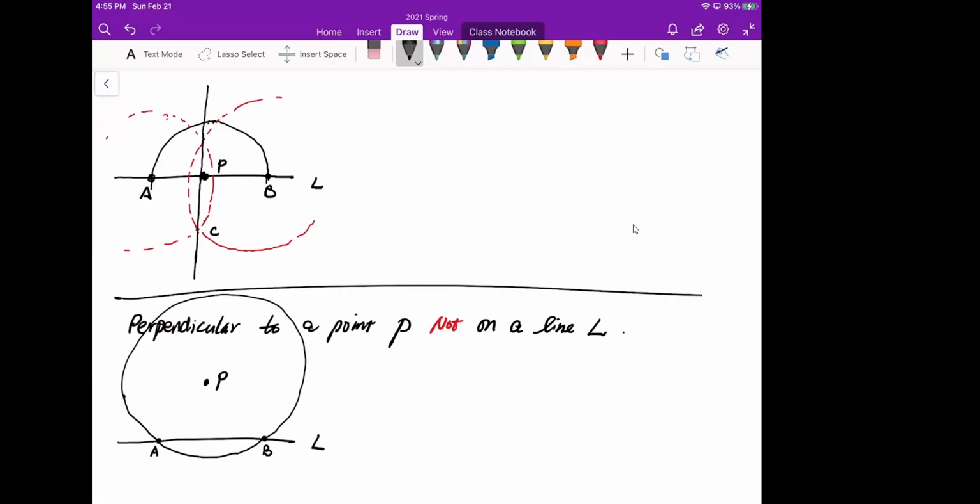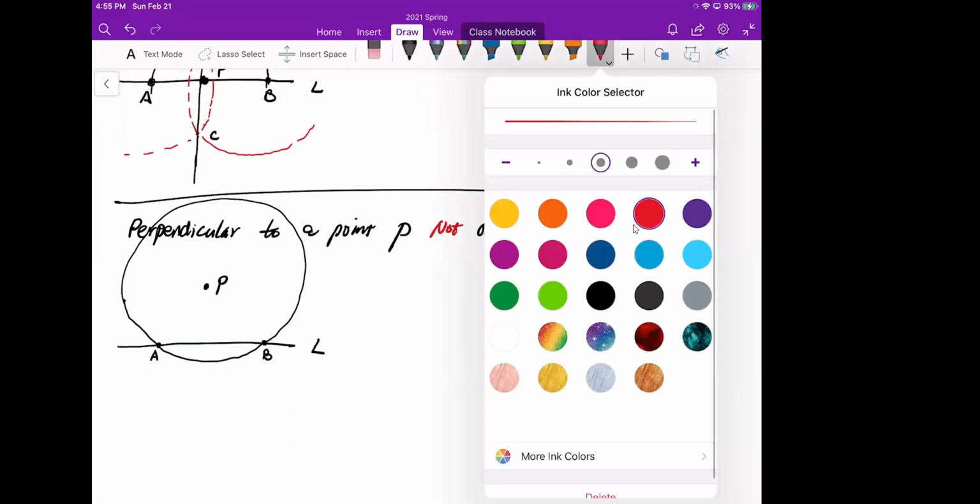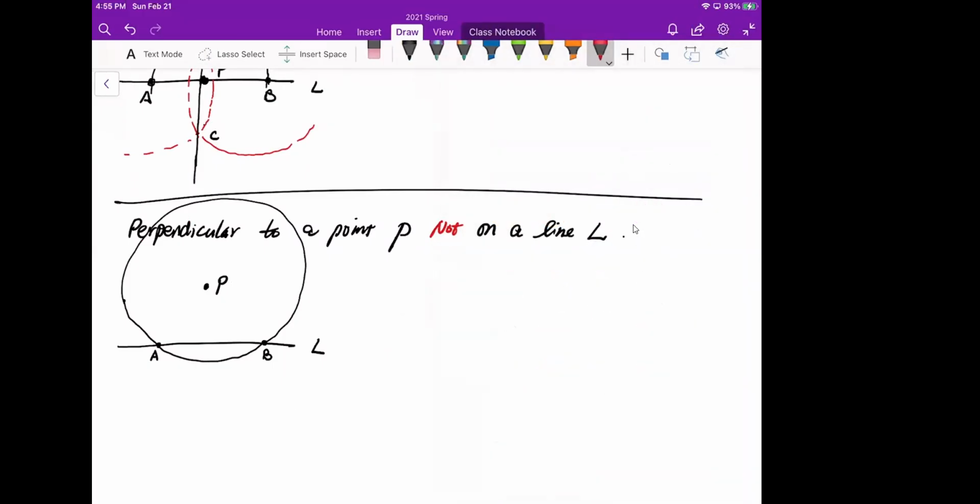And now I just use the same trick. Let me just quickly work on that because it's the same thing here. So I go from A and draw a circle. Then from B, I draw another circle, something like that, right?